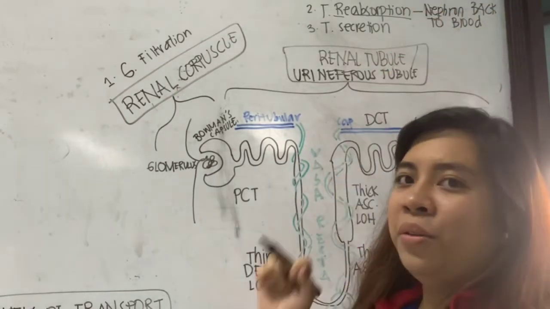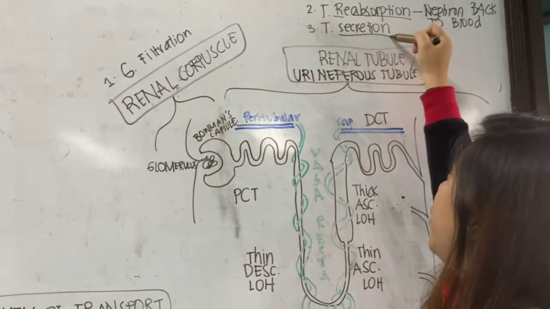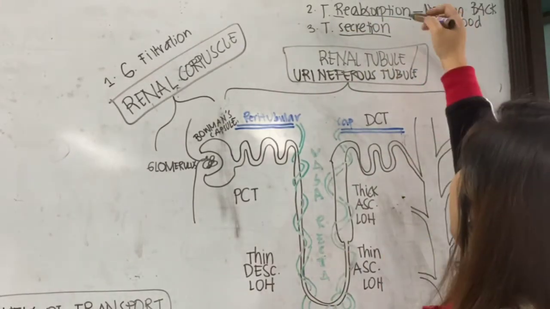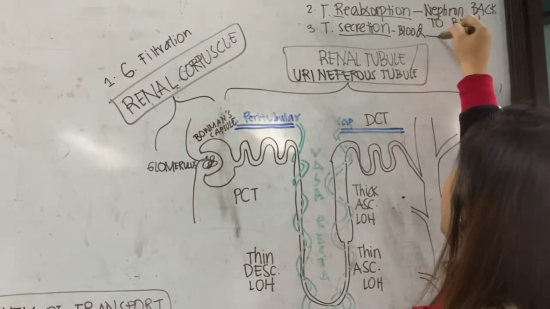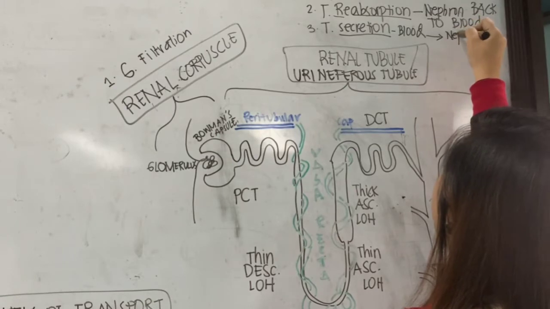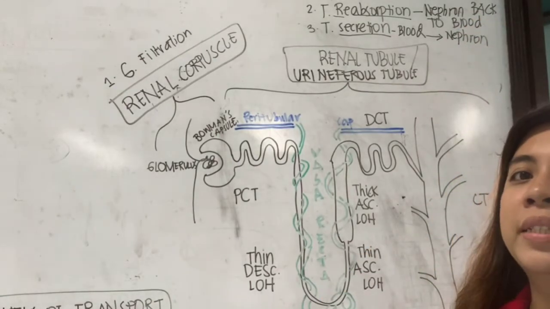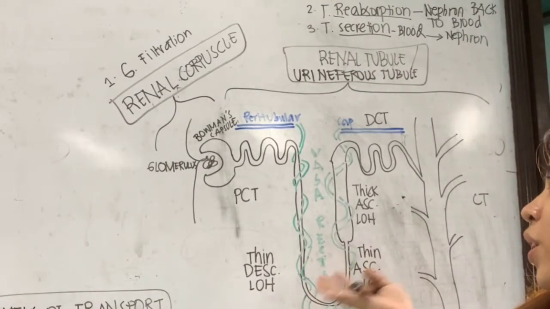This is your reabsorption. And then you have your tubular secretion. This is from your blood being secreted into your nephron. Those are the next steps that need to happen in order for your kidneys to make urine.